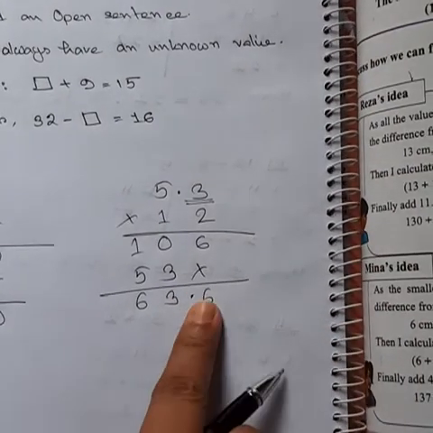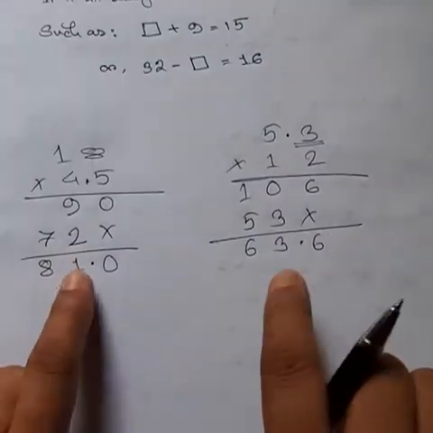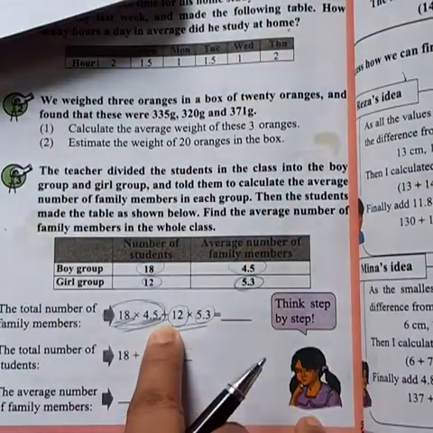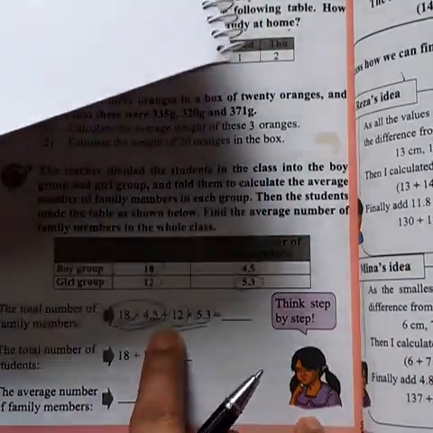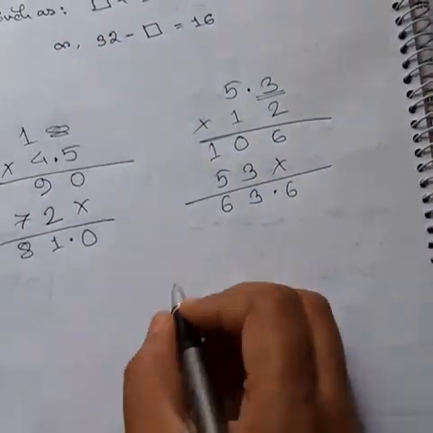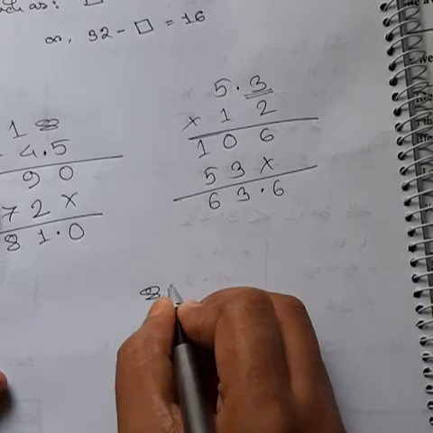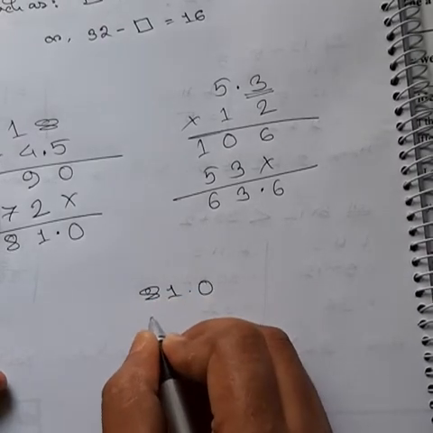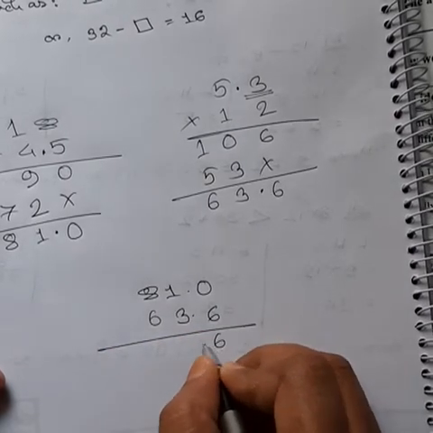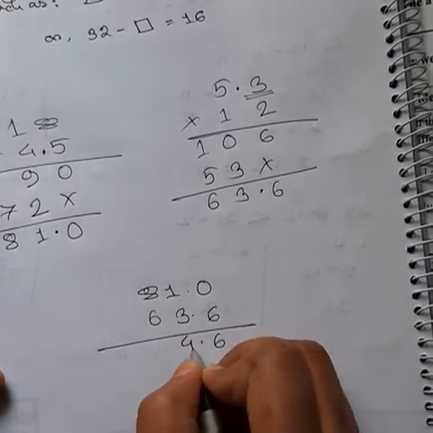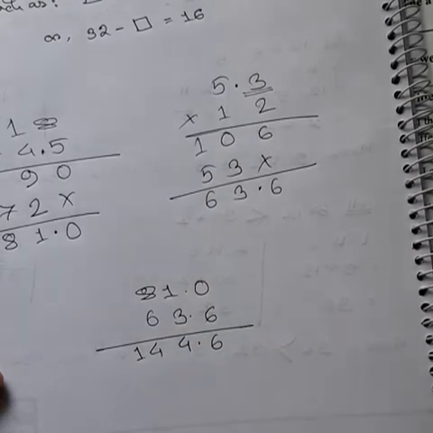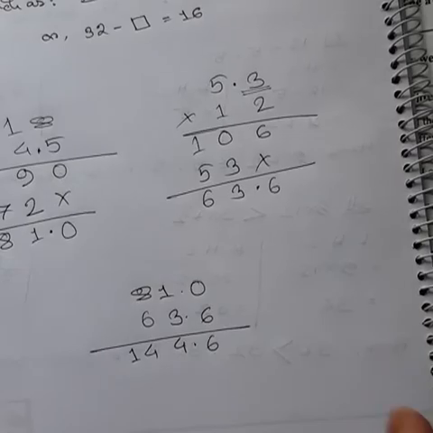There are two decimals, and we have to add them, as you see here. Oh my god, I have made my book look ugly. Let's do that part. 81.0, 63.6. Is it correct? Yep, this one is correct.